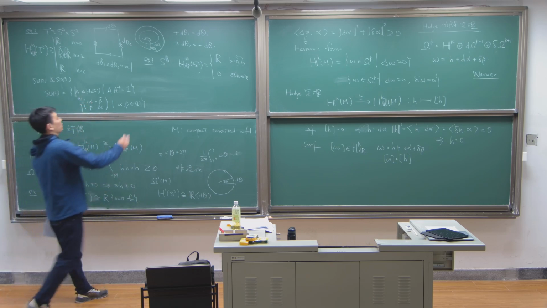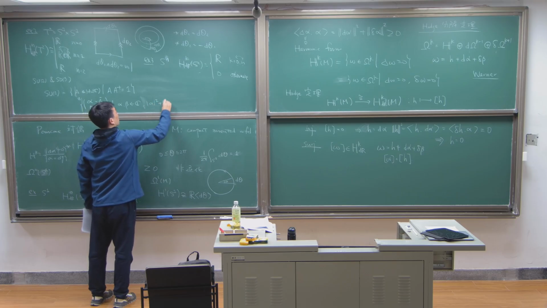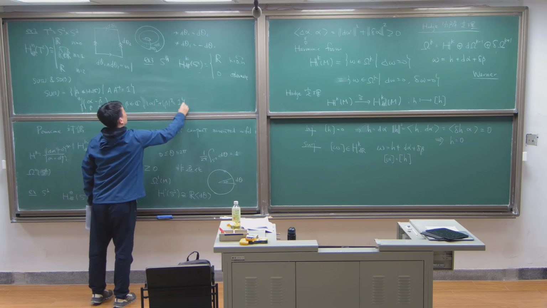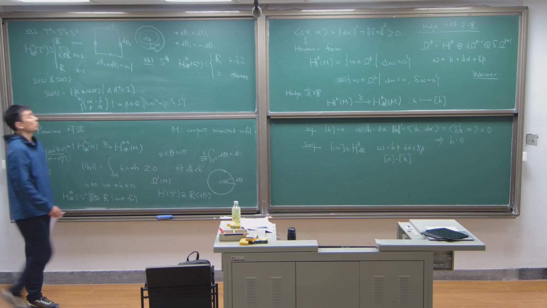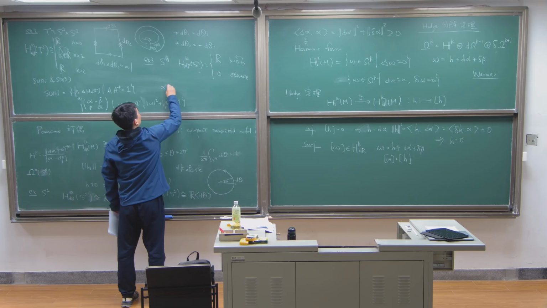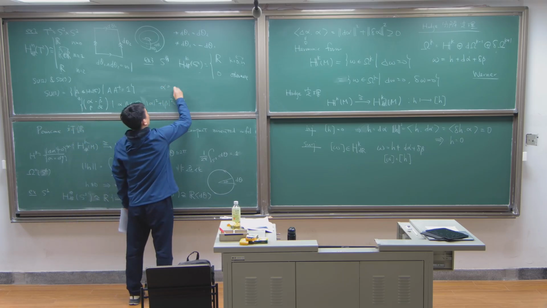So 这个是 SU2 的元素。So alpha is a complex number, so A0 plus iA1, beta is equal to A2 plus iA3.